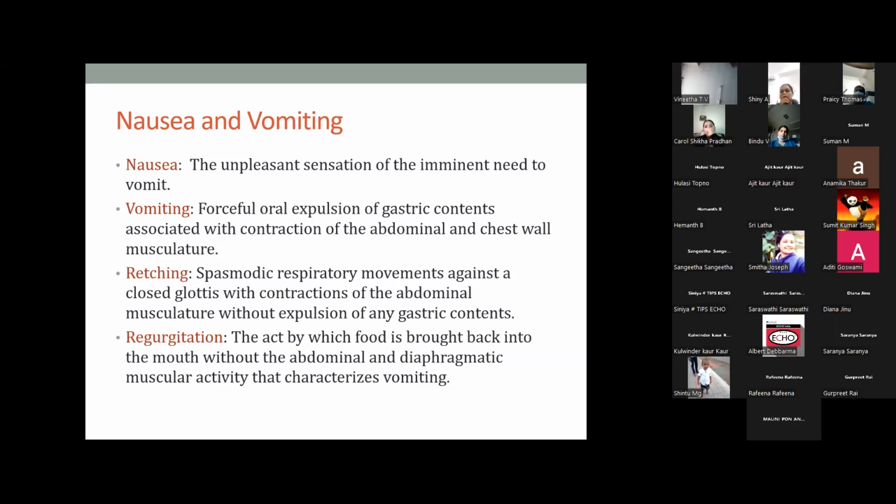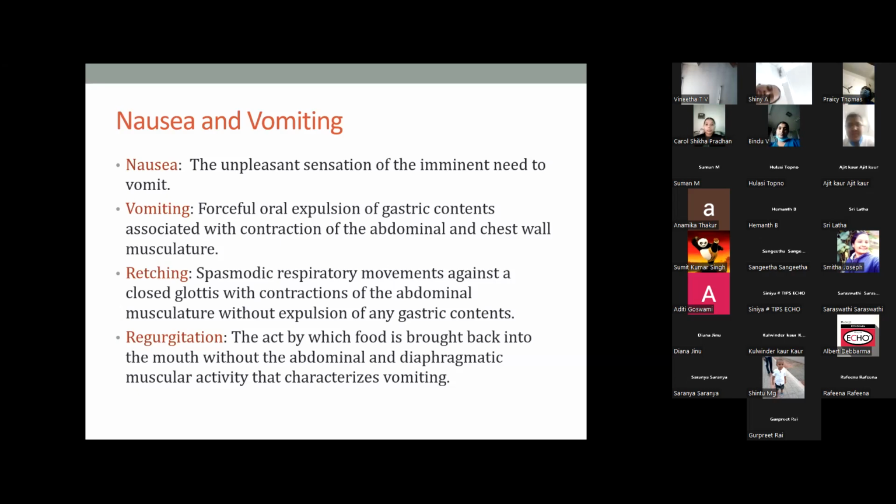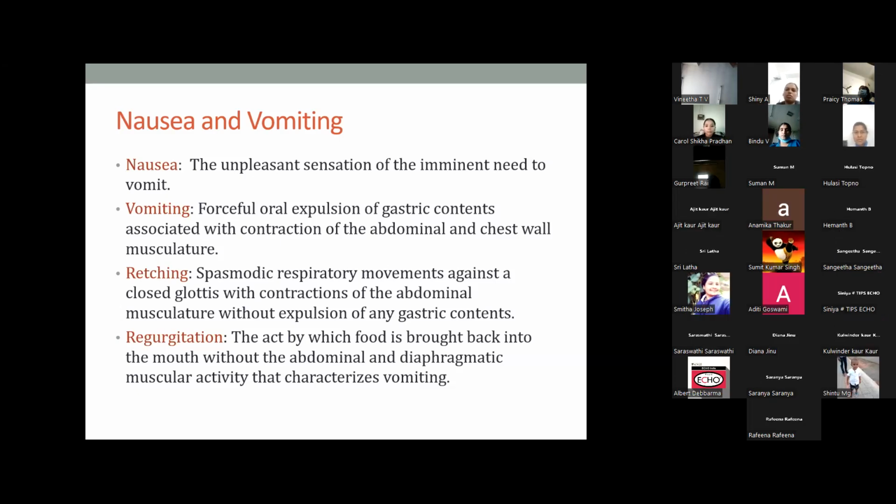And regurgitation is an act by which food is brought back into the mouth without any particular diaphragmatic activity. We do see a lot of regurgitation among bedbound patients, and it is basically the supine position which causes more of it.